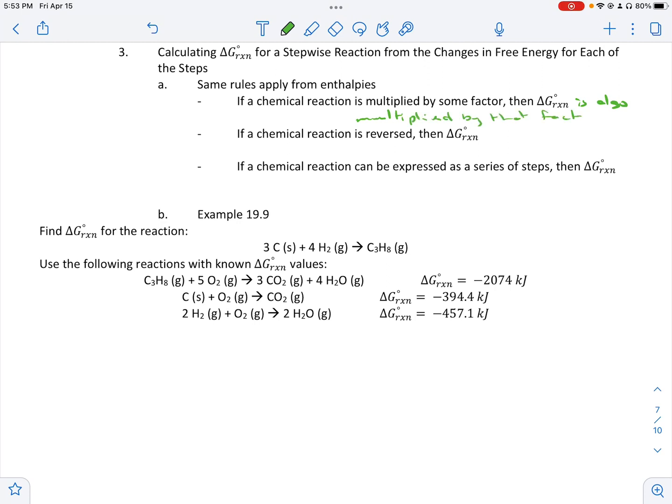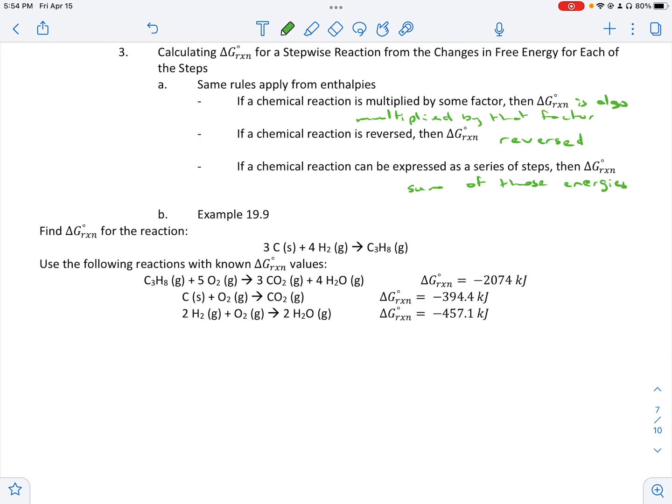If it's reversed, then delta G is reversed. So if it's positive one way, it's negative the other way. If a chemical reaction can be expressed in a series of steps, then delta G naught of reaction is the sum of those energies.